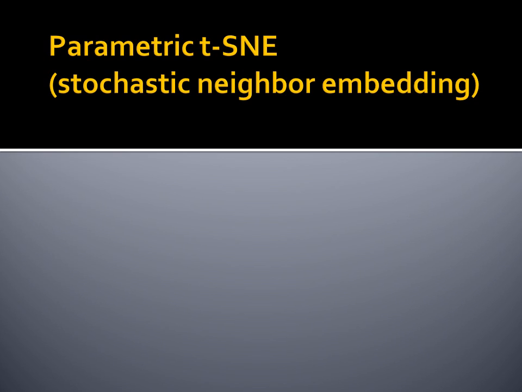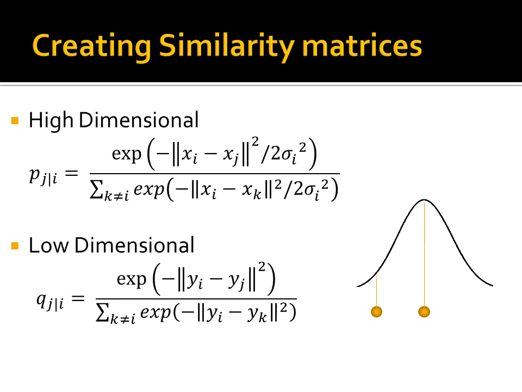Now, this is the technique that I used, parametric t-SNE. You can see there are some little additions onto the name of it. So stochastic neighbor embedding usually uses a Gaussian. This uses a t-distribution. So what does that mean? The way this technique works is it converts the Euclidean distances of the highly dimensional points and the low dimensional points to probabilities.